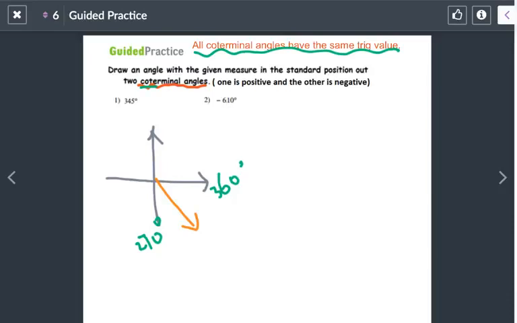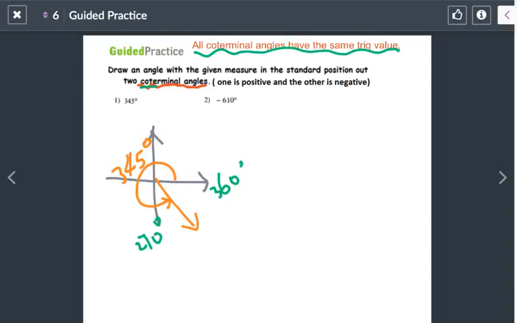Then I can draw the angle like this, from here, go here. Then you can label 345 degree. When you draw an angle in standard position, you need to figure out in which quadrant the terminal side of the angle is located.